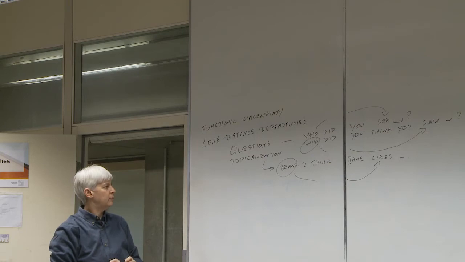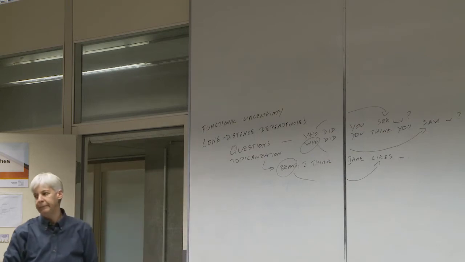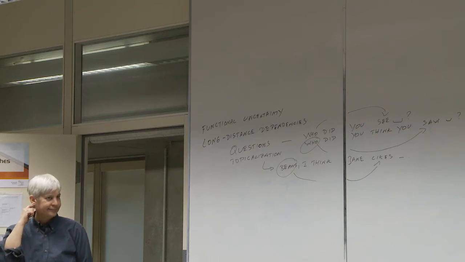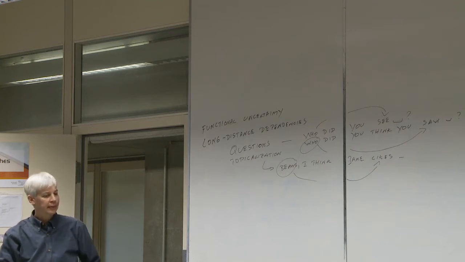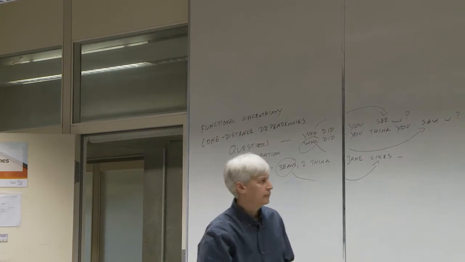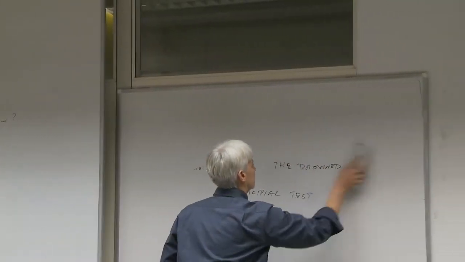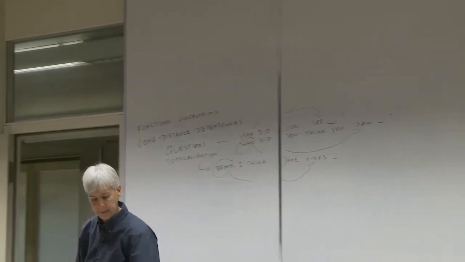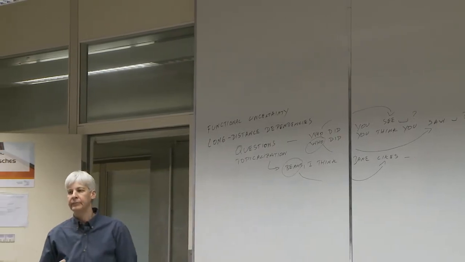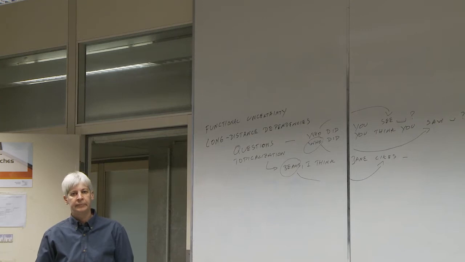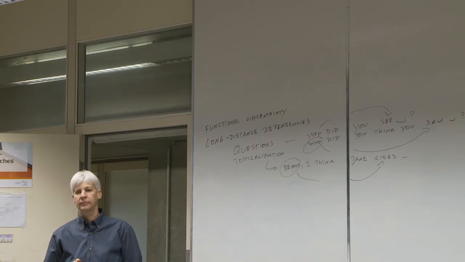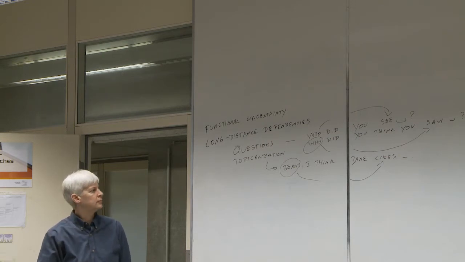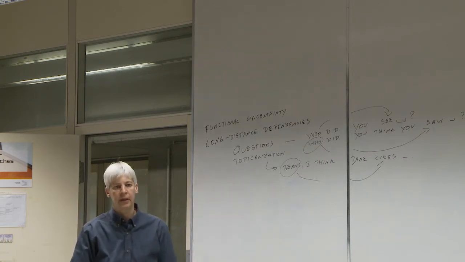And what was functional uncertainty in particular? How did that work? Anybody remember?